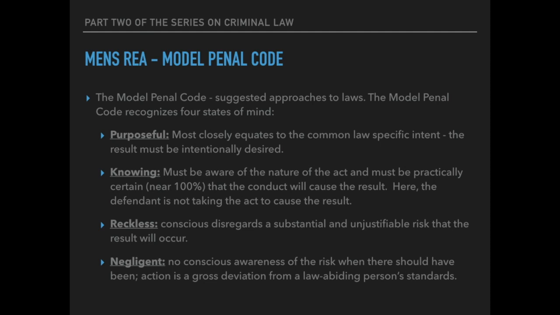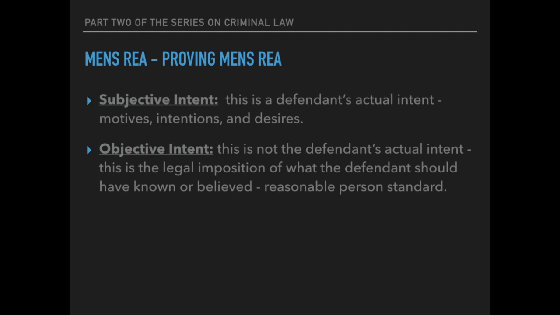They're not trying to run over a person, but then they do, and they're really upset about it. And that could be reckless depending on how much texting they were doing. Were they going 75 miles an hour when they were texting? Were they at a stop sign and rolling out of the stop sign as they were texting? It just depends on a lot of different circumstances, but there are these nuanced levels. So you go from negligent to reckless to knowing to purposeful.